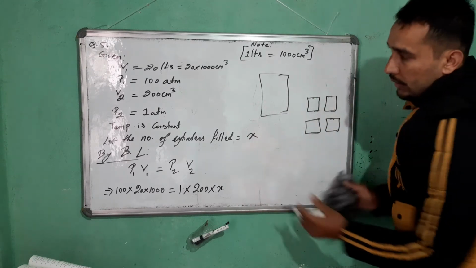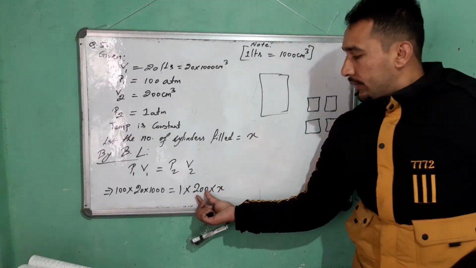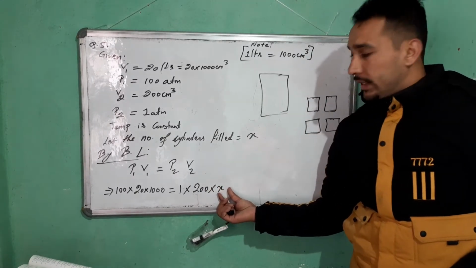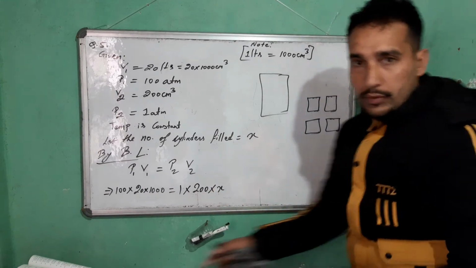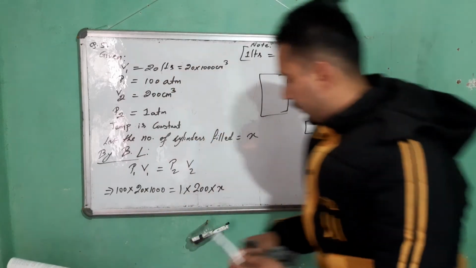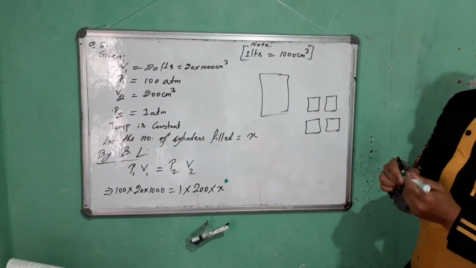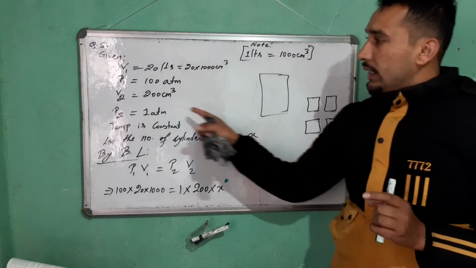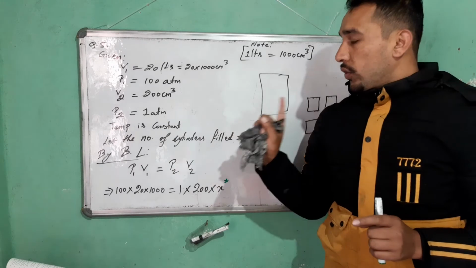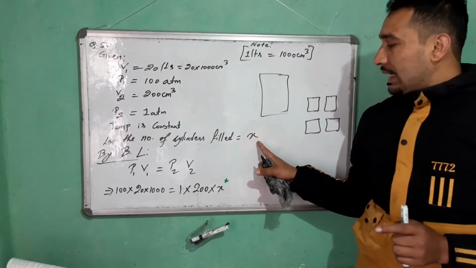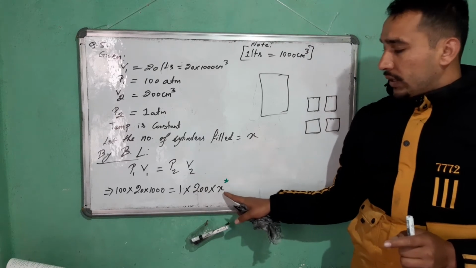So total volume will be X into 200. You put a star here, you might forget this part, because each small cylinder has a capacity of 200 centimeter cube, and we have considered X cylinders, so total volume will be 200 into X.